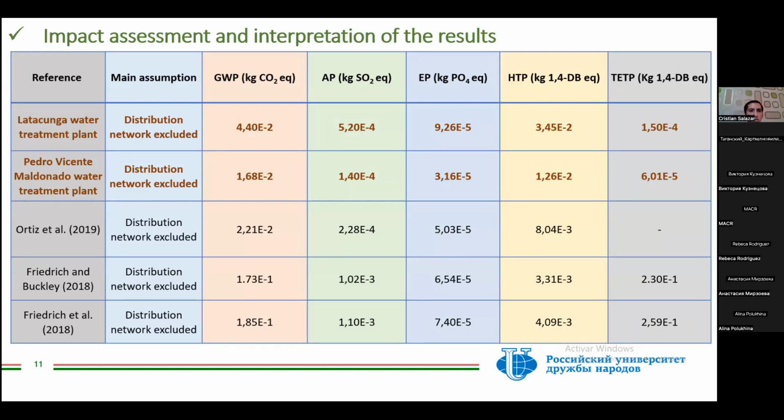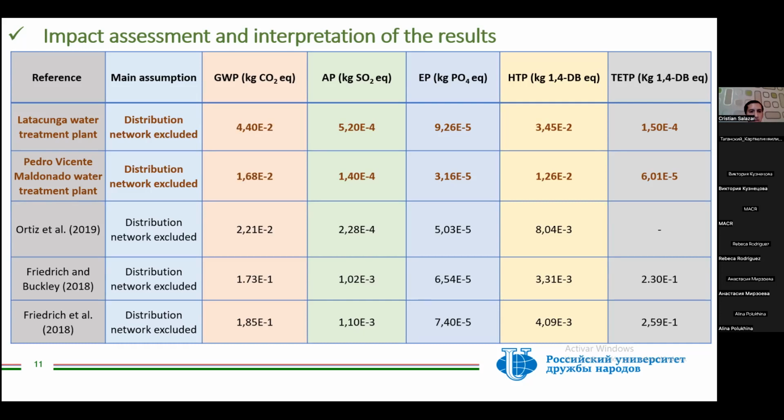Now we have the last stage, impact assessment and interpretation of the results. The table presents the general results obtained by applying the environmental indicators for the two studied systems in comparison with the literature data.